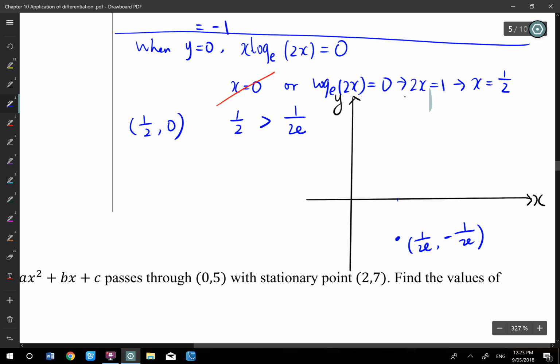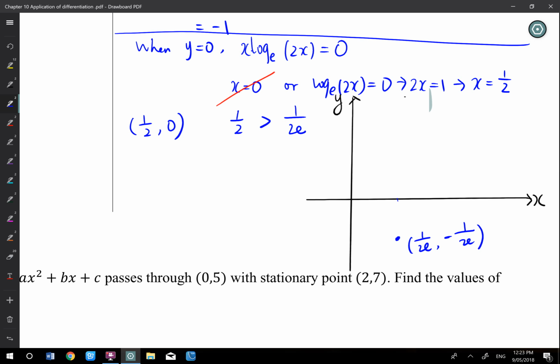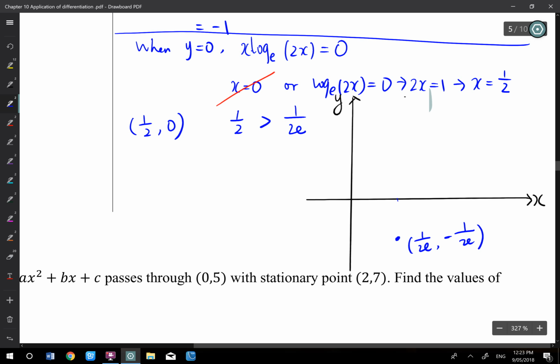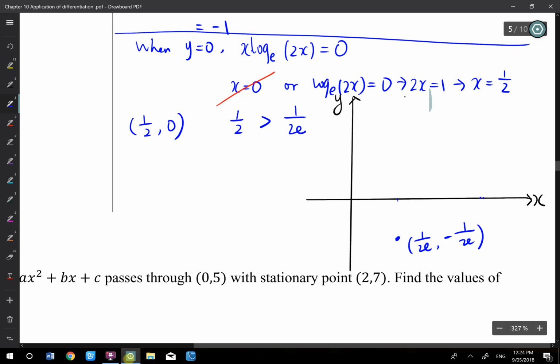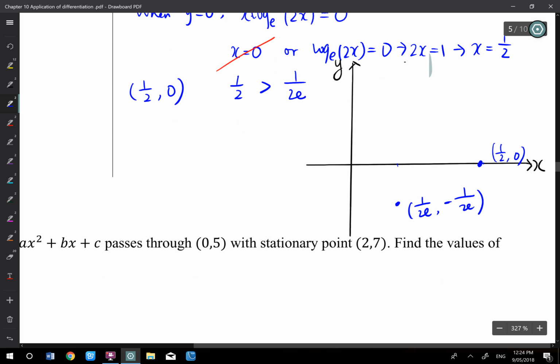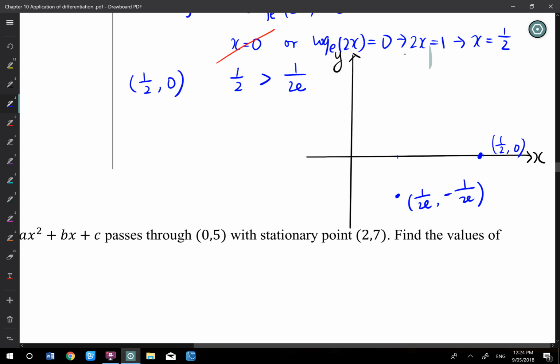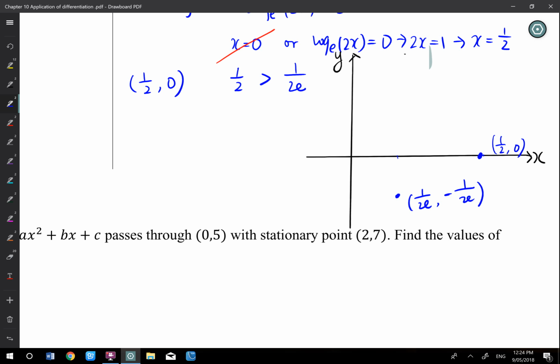And then say a half is here. I know the scale is not very good, but I just want to show a bigger graph. So (1/2, 0) is here. It's the only x-intercept you have. Remember that, we'll use this fact later. You solved it, you can't solve out anything else. That's the only thing you have.